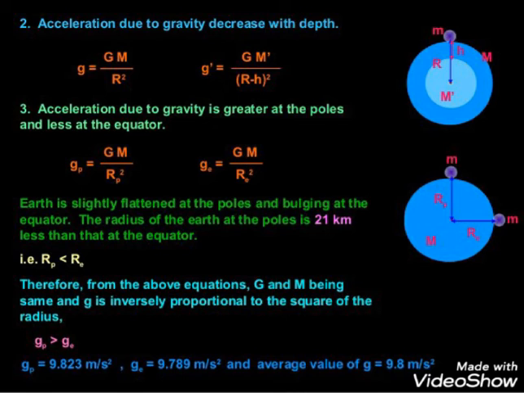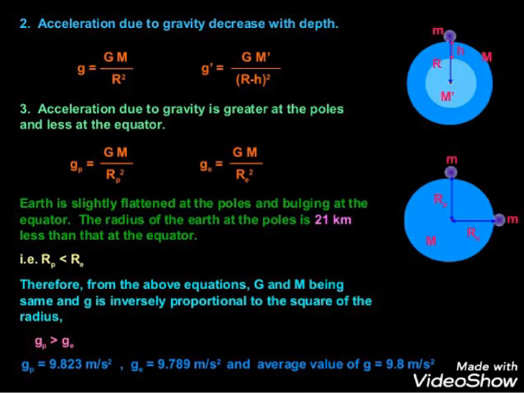So just a small decrease is there. Then, acceleration due to gravity decreases with depth. When you go deep inside the earth, at that time also the acceleration due to gravity decreases.